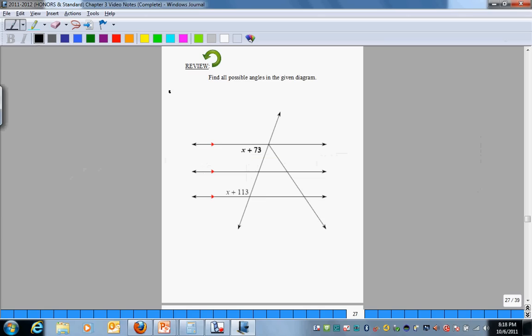Draw two parallel lines up in the corner here. Draw yourself a transversal. These three pairs of angles are congruent when lines are parallel.